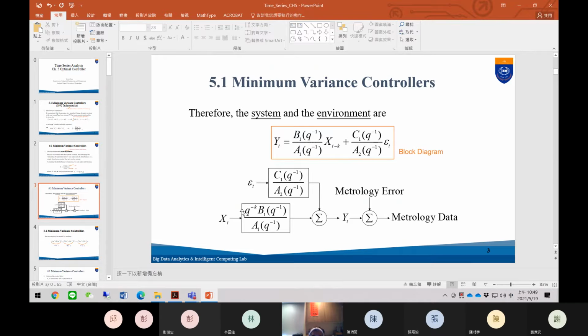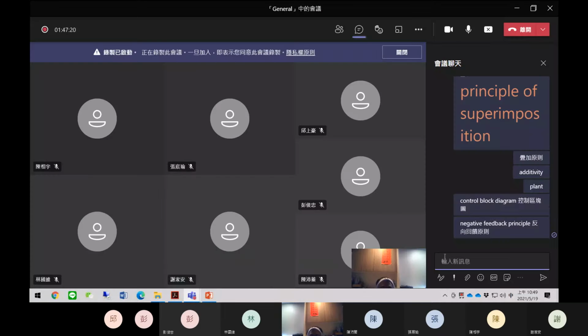The backshift operator goes into that, and the B1 over A1 produces Y. So the signal plus the disturbance together produce Y_t. This is the signal.